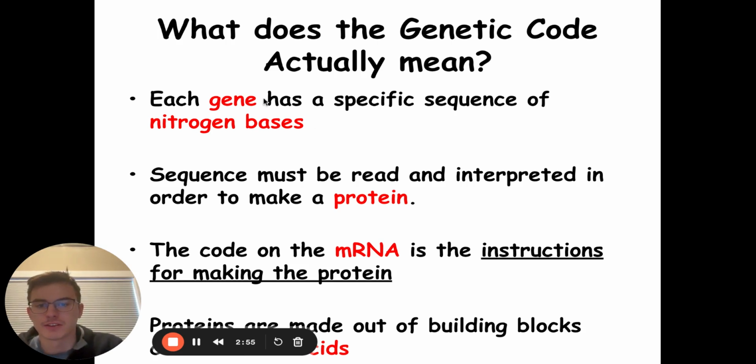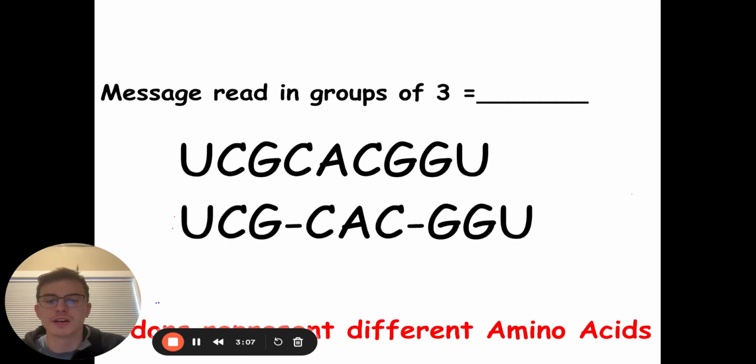That's what this first line is saying. We took a gene and turned it into mRNA. The mRNA is then going to be read in codes of 3, as you see here. Up top, this would be the mRNA that you created.